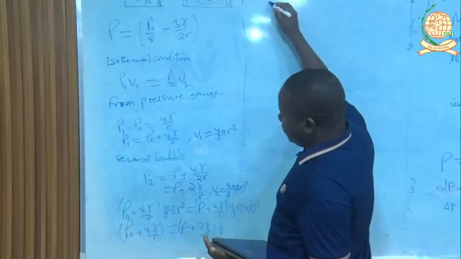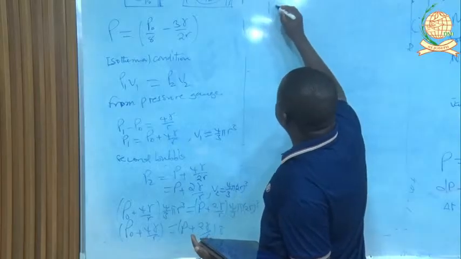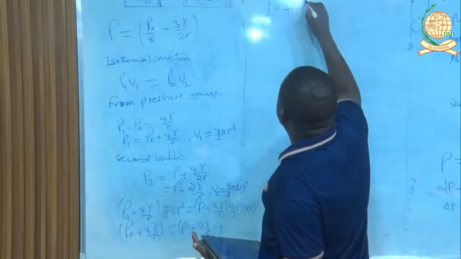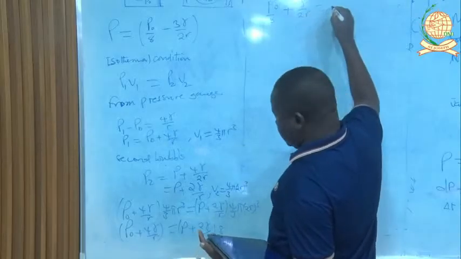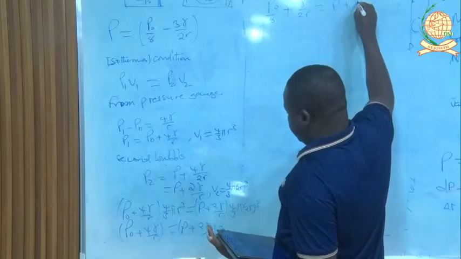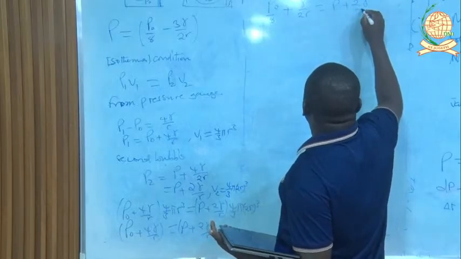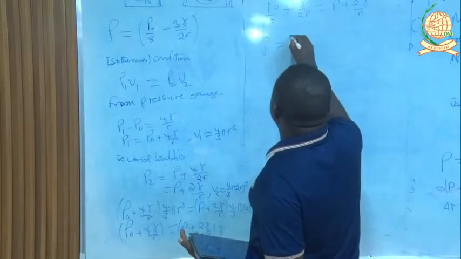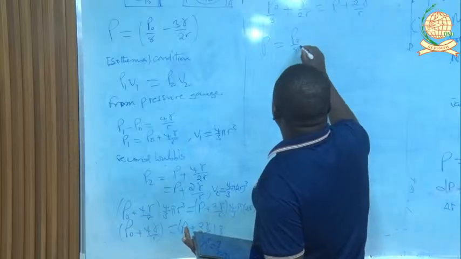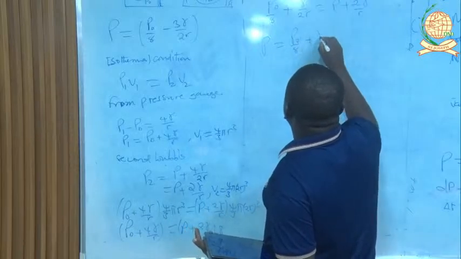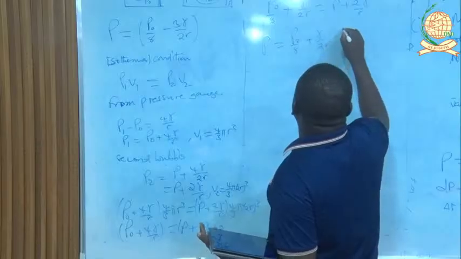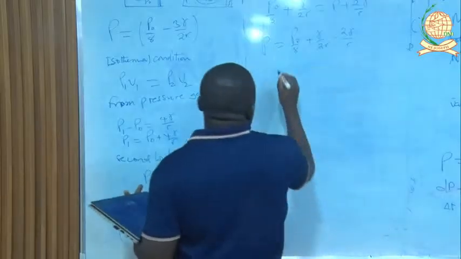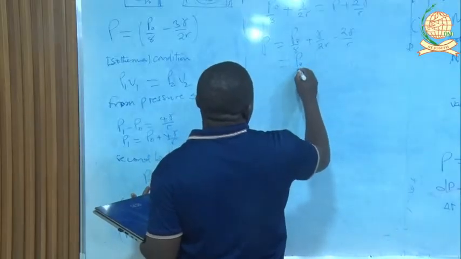You will have P0 over 8 plus gamma over 2R equals P plus 2 gamma over R. Then making P the subject, this will be P0 over 8 plus gamma over 2R minus 2 gamma over R. This is the P0 over 8.